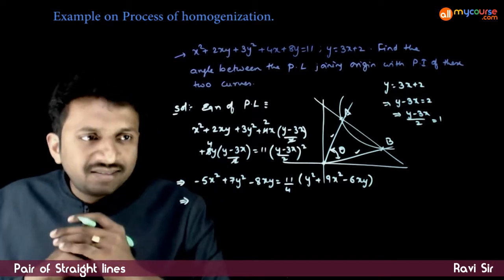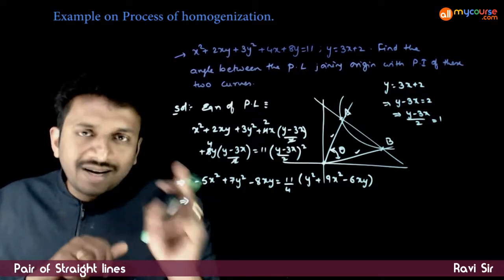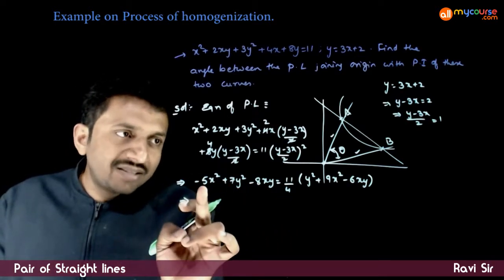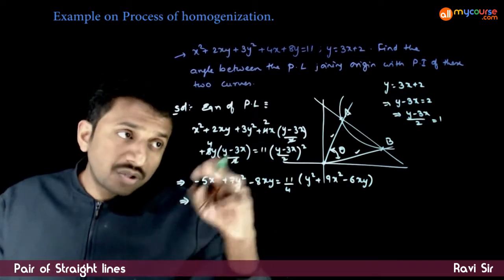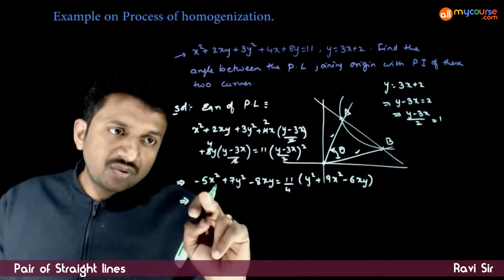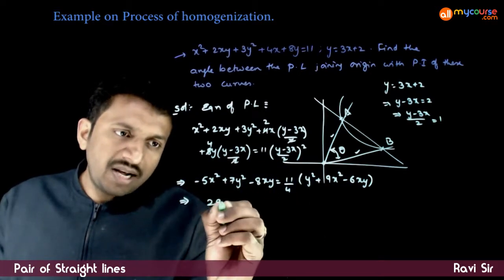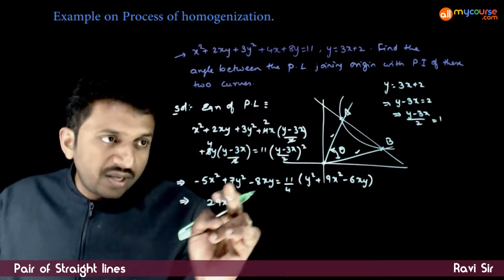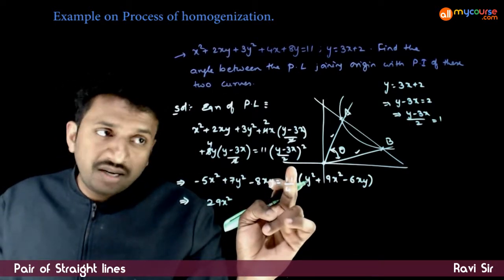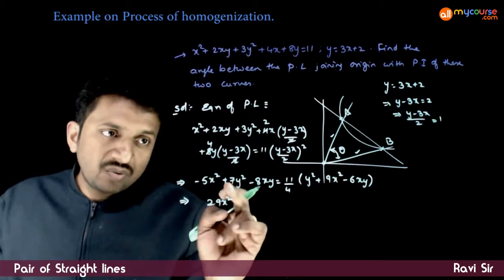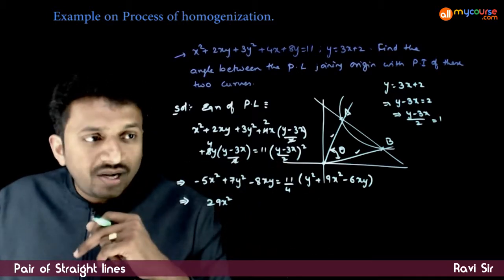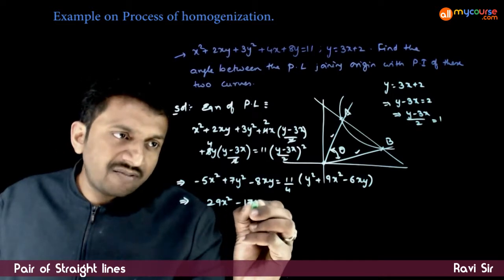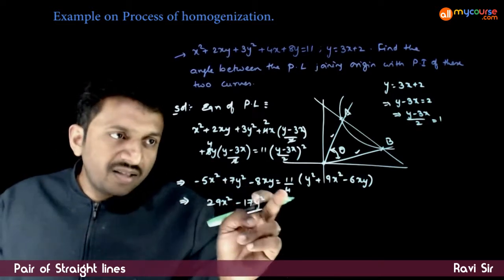So this implies this 4 gets multiplied here. So you have minus 20x square. If this goes on to that side, 9x square plus 20x square is 29x square. You have 28y square, have 11y square here. So 11y square minus 28y square is minus 17y square.